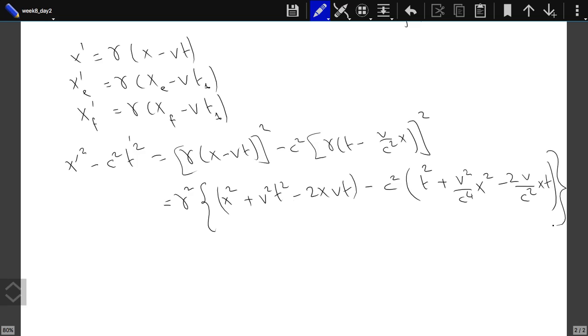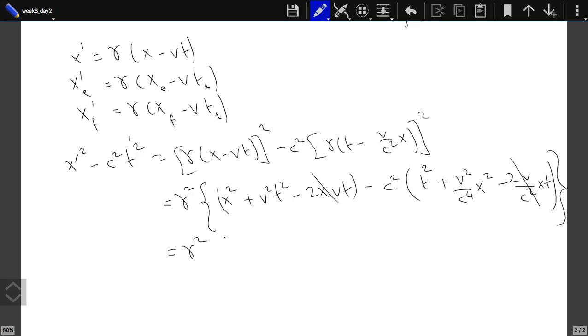I just opened up the parentheses. Well, let's see. Here I have minus 2xvt. Here I have minus 2vxt divided by c squared multiplied with minus c squared. So if I just cancel the c squares and this minus makes plus, I end up having twice vxt. So it just cancels that twice xvt. So these are canceled.